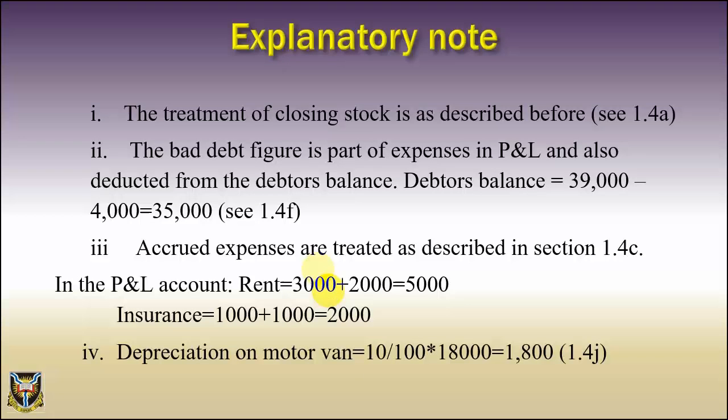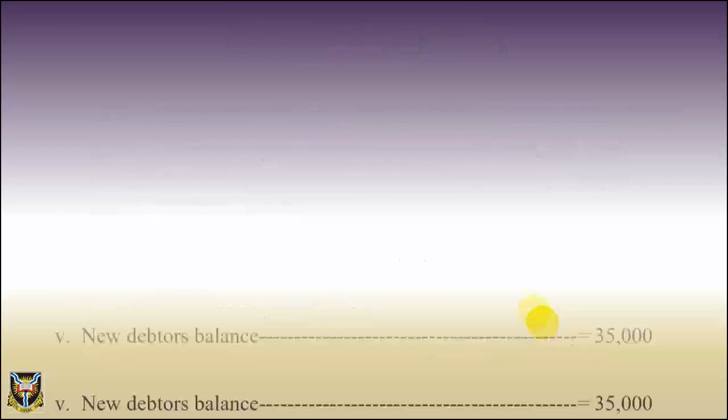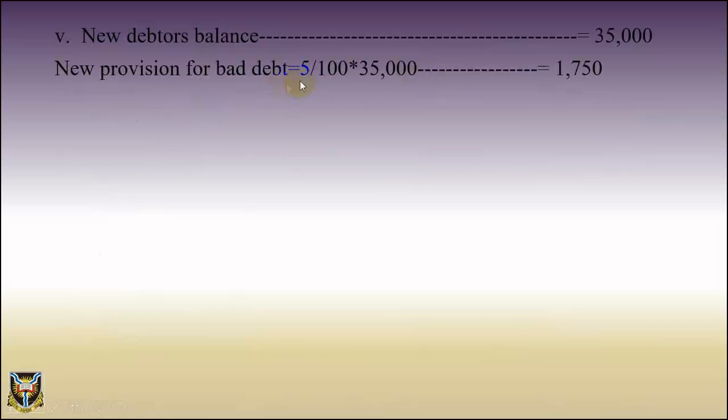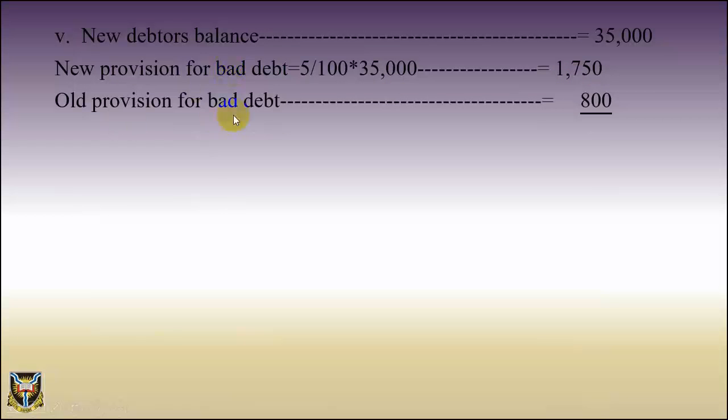4. Depreciation on motor van, 10 over 100 times 18,000 is equal to 1,800. See 1.4g. 5. New debtors balance is equal to 35,000. New provision for bad debt is equal to 5 over 100 times 35,000 is equal to 1,750. Old provision for bad debt is equal to 800.